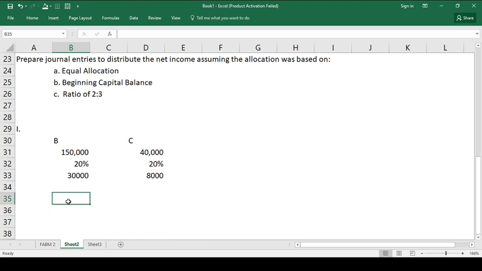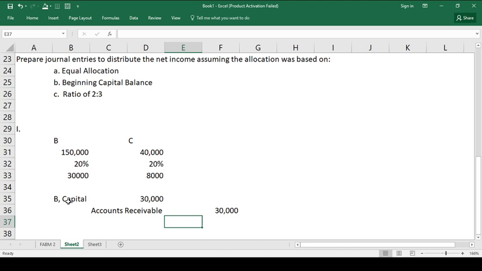In this case, there will be a write-off of 30,000 on B's accounts receivable, so our entry would be B capital, where we charge the 30,000 adjustment, and then we deduct 30,000 from accounts receivable. That is the adjusting entry for B's accounts receivable.